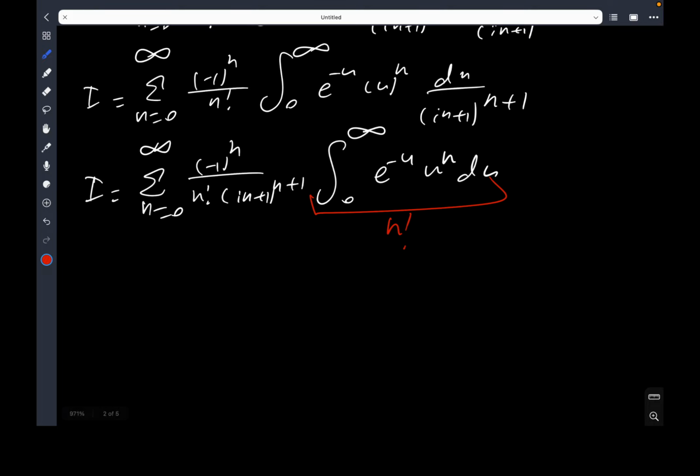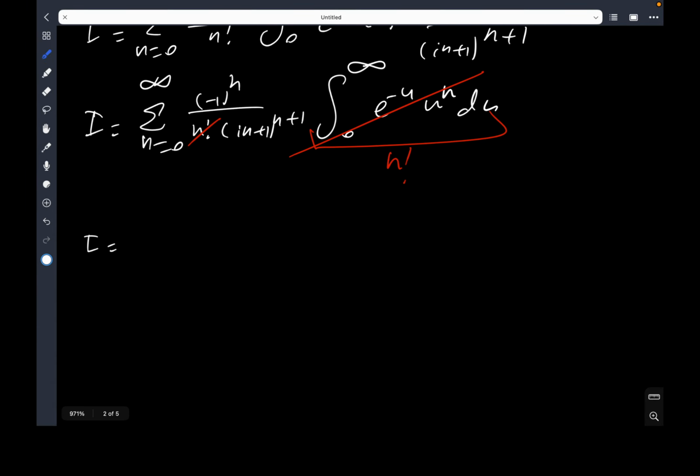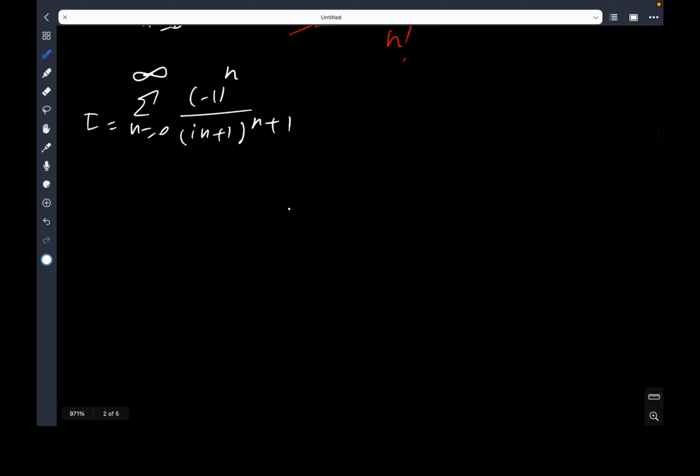I'll prove it in another video, but this is going to cancel out with this n factorial here, and therefore my I is the infinite sum from 0 to infinity of negative 1 to the n over (n plus 1) to the n plus 1, and that's my answer as an infinite sum.